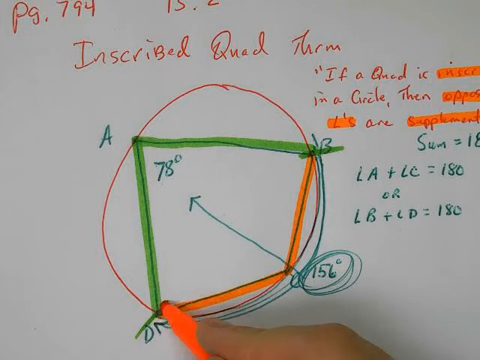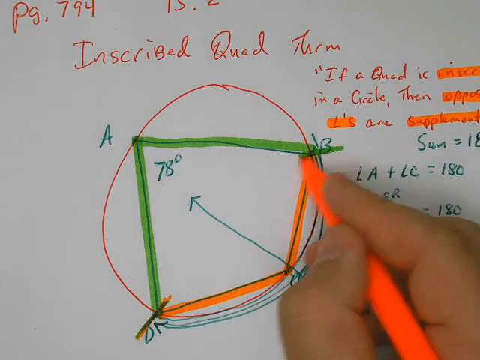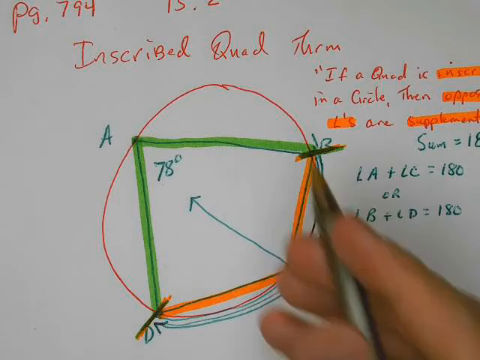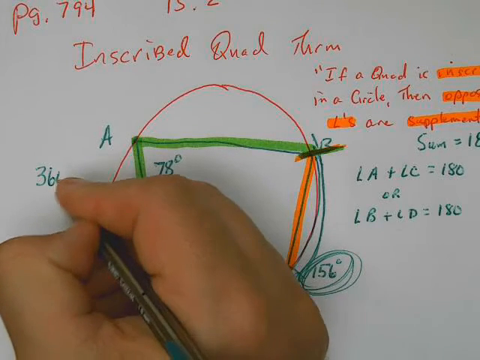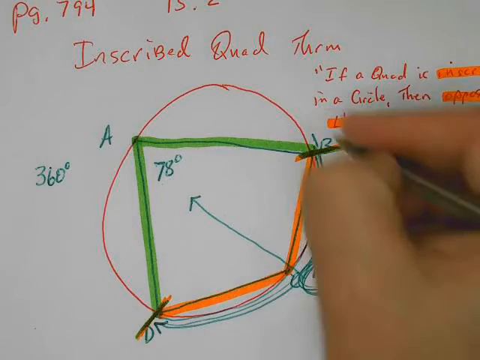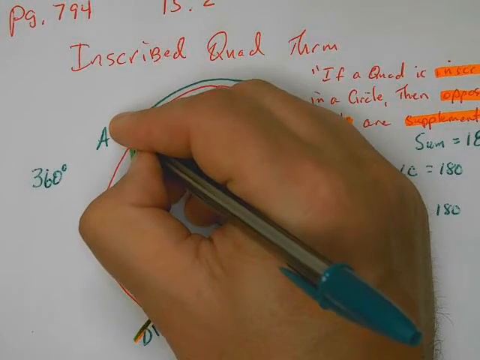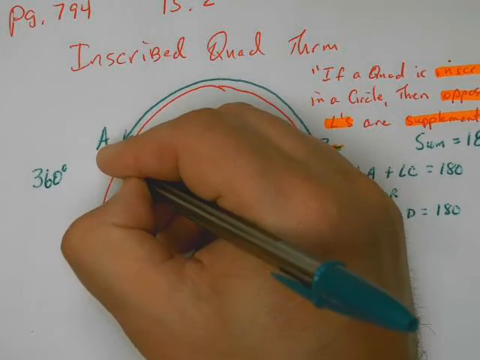Notice that it intersects the circle in the exact same 2 points. So you should recognize that there's 360 degrees in a circle. So then what is the intercepted arc going the other way? I'm going to give myself a question mark.